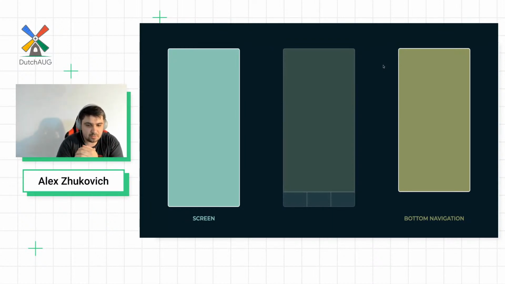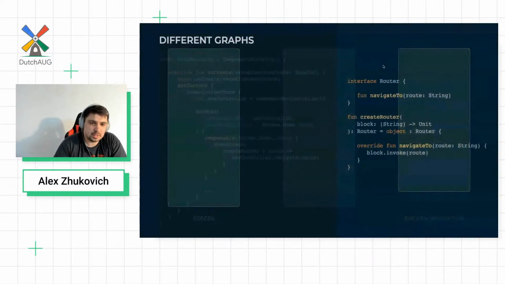And if we have a nav host inside our screen with bottom navigation, we have a limited container of limited size, and inside this container we try to create the nav host. Only inside this container can we have this navigation. So it can be a bit tricky, and you should understand where you want to place your nav host.